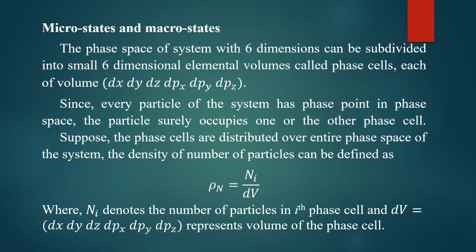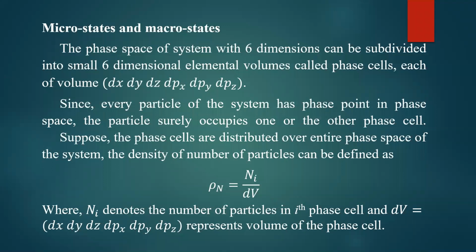So the entire phase space is divided into small elements called phase cells. Each will have the value dx dy dz dpx dpy dpz. It is a 6-dimensional volume. It is imaginary. Otherwise, it will have 3 position coordinates and 3 momentum coordinates corresponding to that.